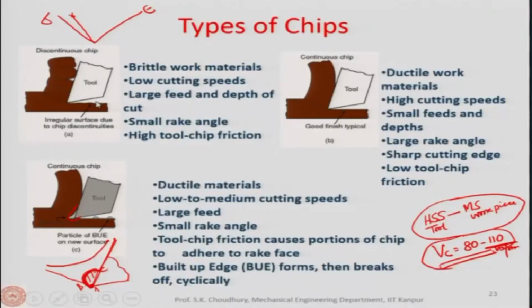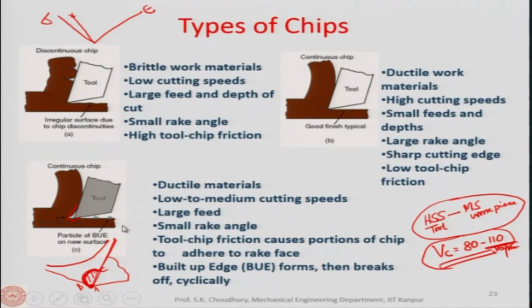Next we discuss the types of chips, and I told you that there are continuous chips, discontinuous chips, and continuous chips with a built up edge formation. I told you about the mechanism of built up edge formation, why built up edge is formed.